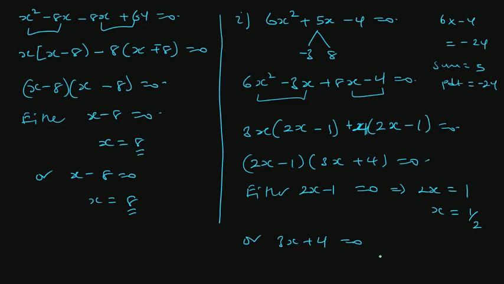When we take 4 the other side, we remain with 3x equals negative 4. Divide through by 3 on both sides. So our x is negative 4 over 3. Yes, that is it. Let's look at another example to make this clear.